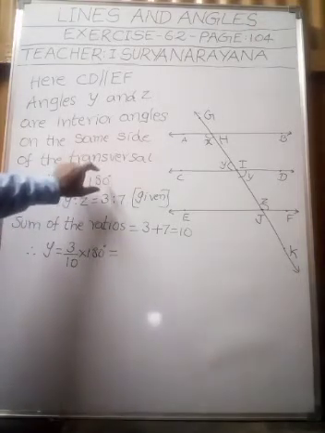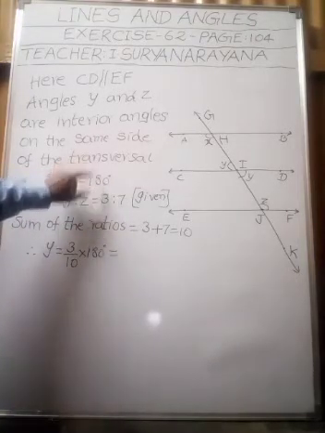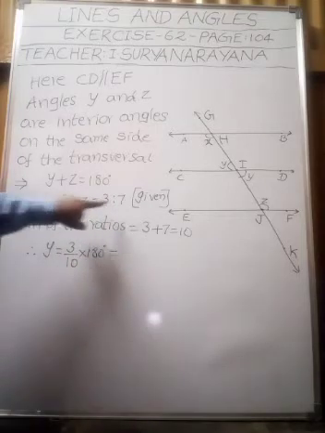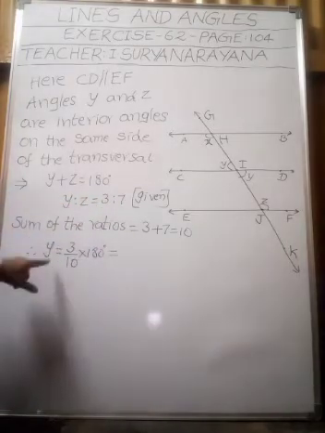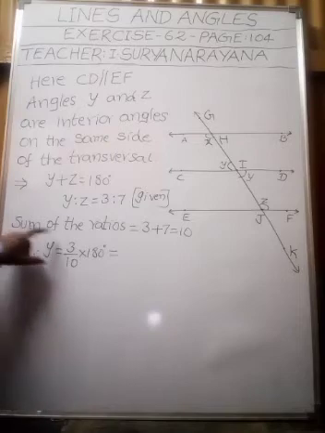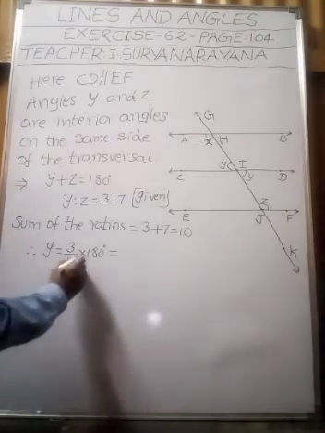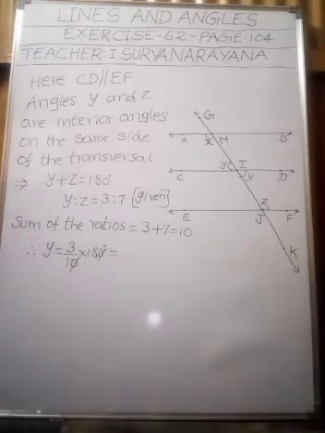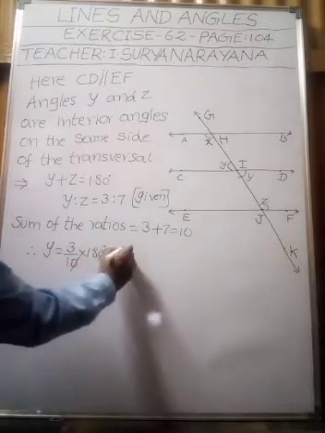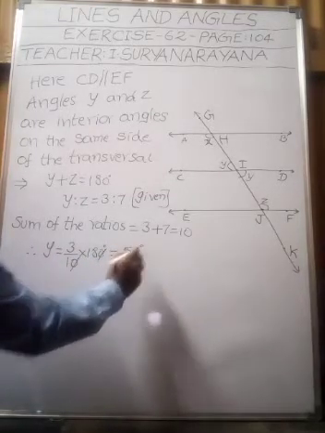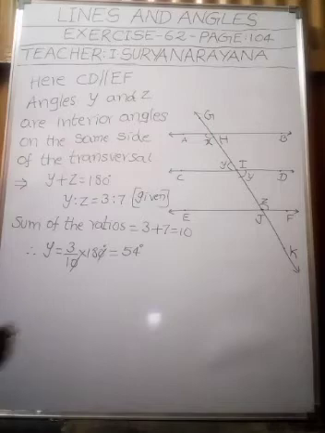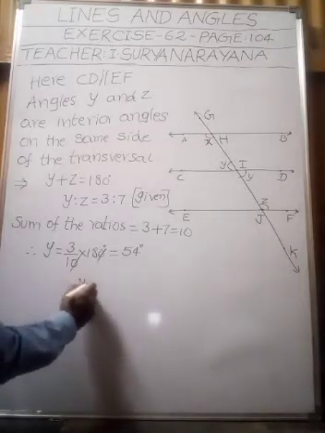Total is 180 degrees. In this total angle, Y is 3 parts and Z is 7 parts. So we find like this. Understood this step, my children? Right. Here 10 table, so 3 into 18 is 54 degrees. Therefore Y is equal to 54 degrees.